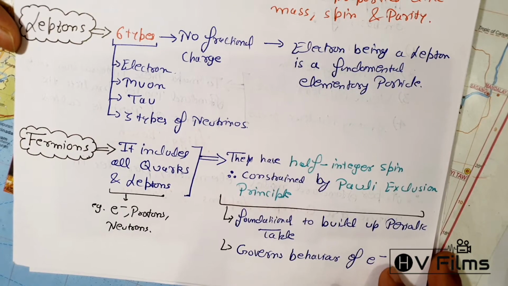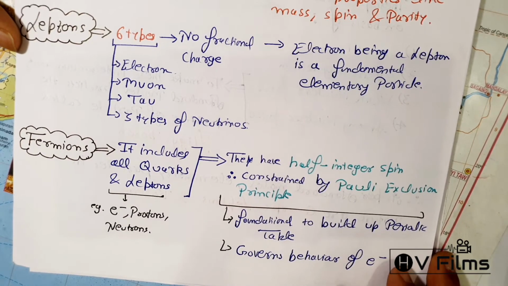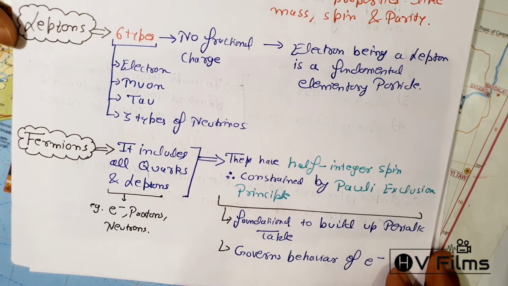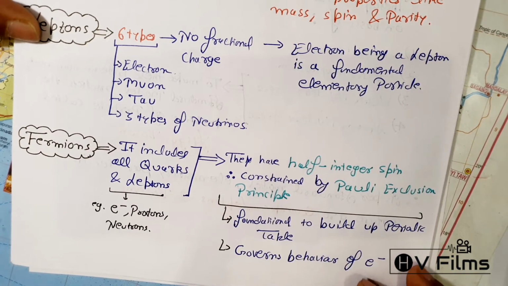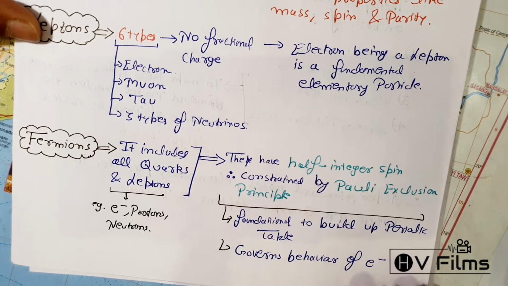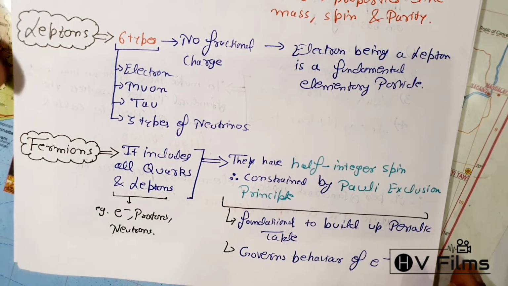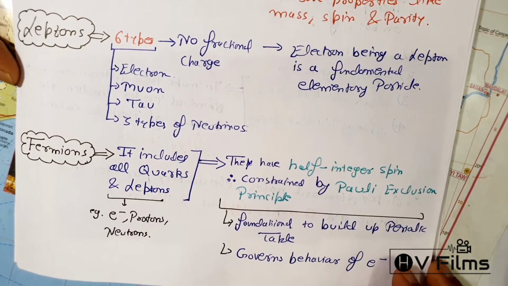The Pauli exclusion principle is one of the principles in quantum mechanics. It says that two or more identical fermions cannot occupy the same quantum state within the same quantum system simultaneously. You don't have to dig deep into what exactly this means, because in UPSC exams they won't ask you so deep about this.